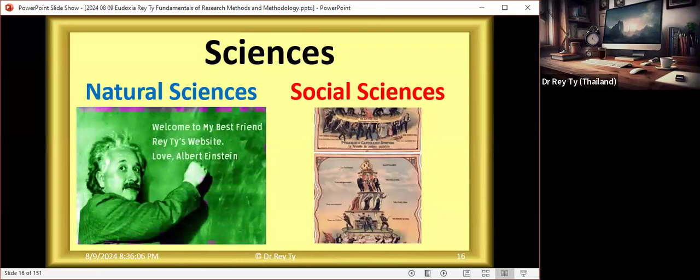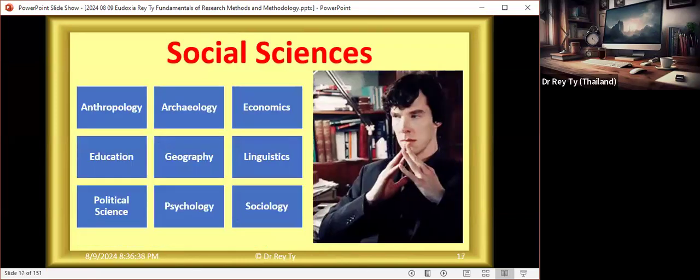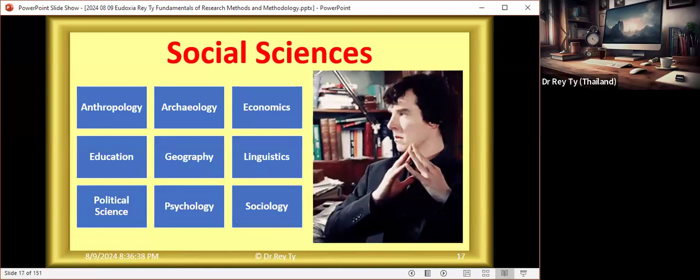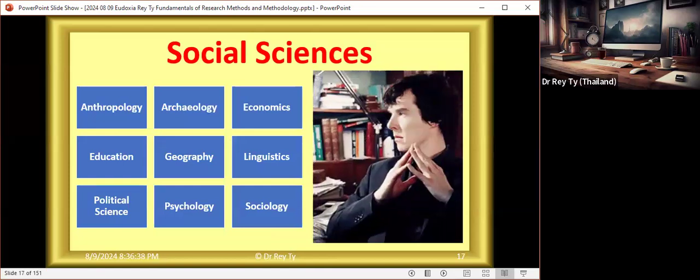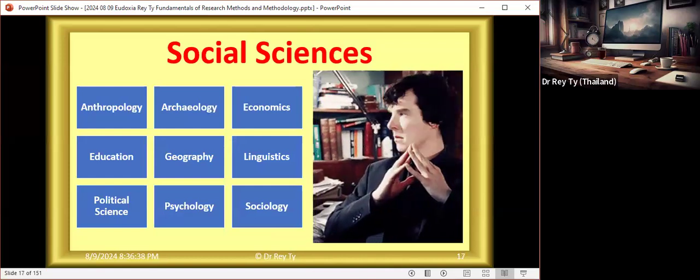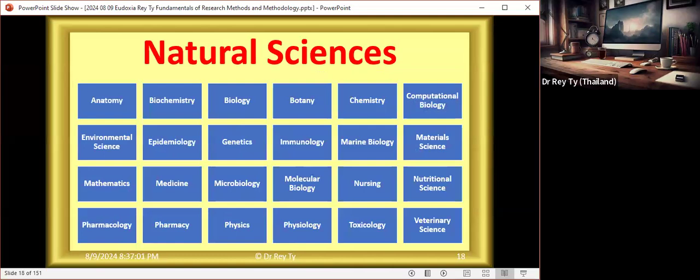So we are measuring them in the social sciences. Some of the social science fields include, among others, anthropology, archaeology, economics, education, geography, linguistics, political science, international relations, psychology, and sociology. So these are the social sciences. And natural sciences, the basics are biology, chemistry, and physics. And all others are variants of biology, chemistry, and physics.